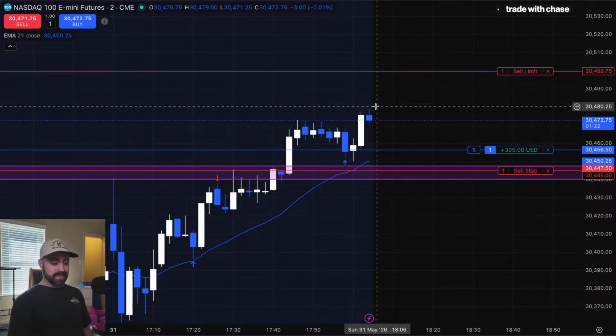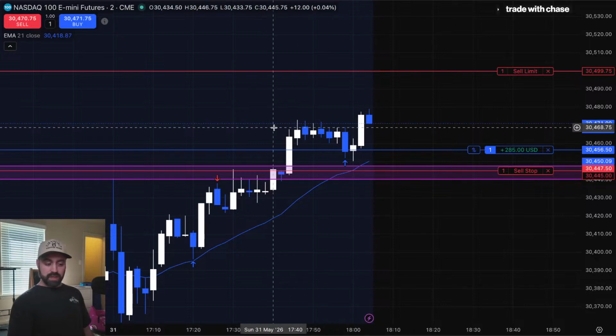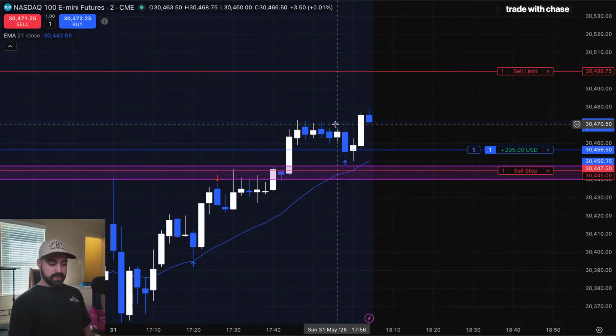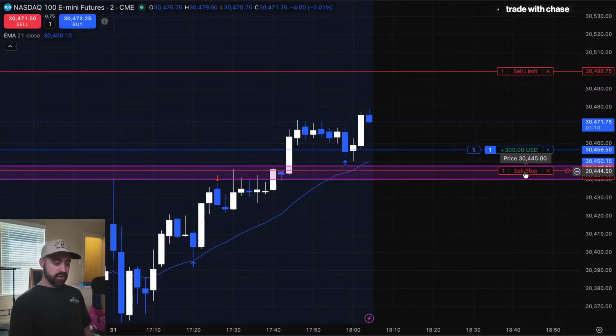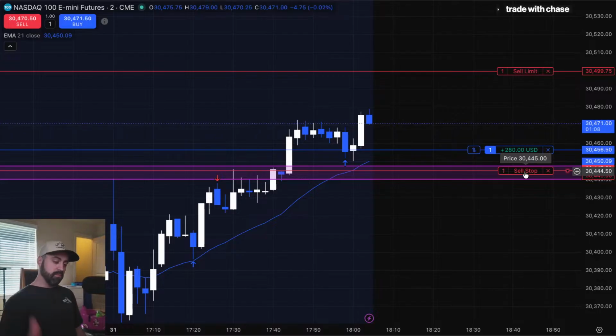Again, I'll wait. This is kind of the pullback. I'm hoping we kind of respect the top of this shelf here. And as soon as we show that we've hit that and bounced, I'll move my stop up to break even.